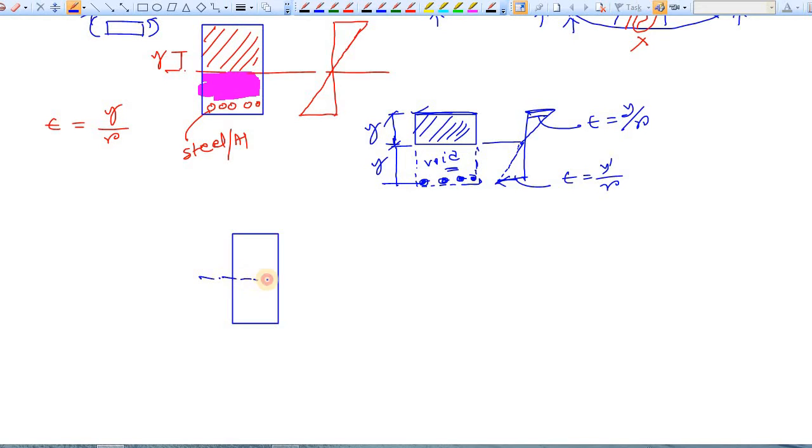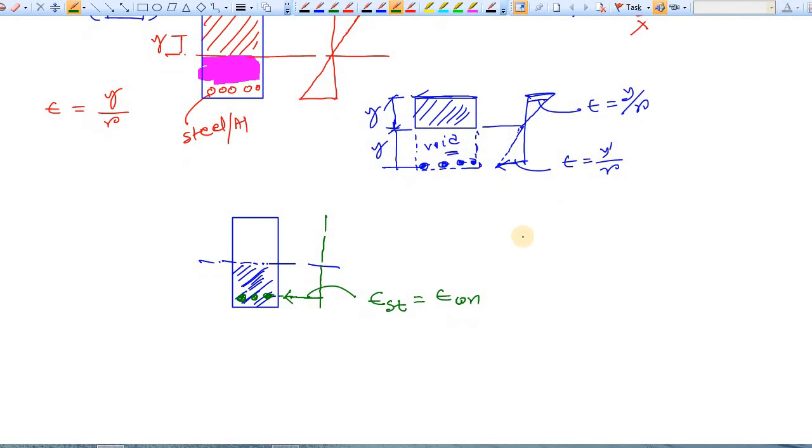We are neglecting this concrete, but in real cases there is some concrete, and within this concrete there is steel reinforcement like this. So from this strain diagram, if we draw it again, it will look like this. At this point the concrete is strained, and the steel is also strained, and the strain is the same for both cases. So we can write that the strain in steel is equal to the strain in concrete.